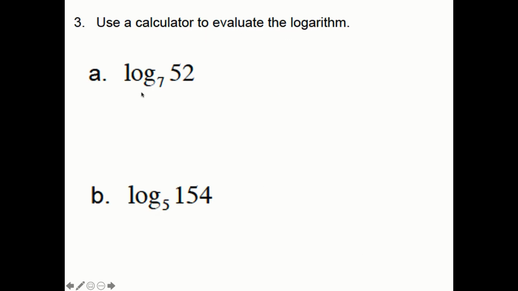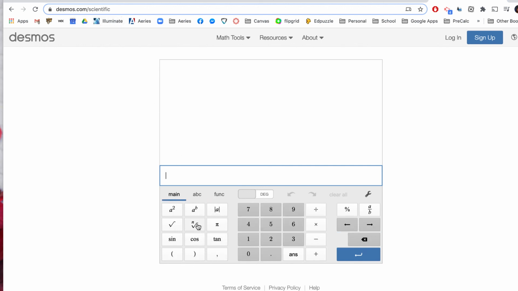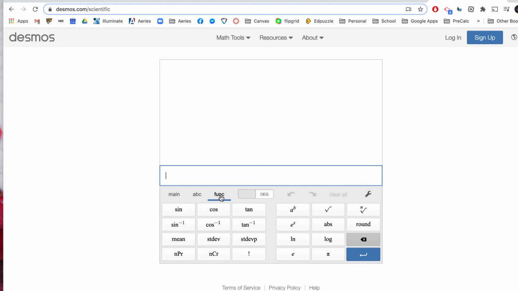So if I was to write this with the logs using the new properties, this would be written as log of 52 divided by the log of 7. Okay, so you can go to desmos.com/scientific, and then this will give you your main page, but if you want to click on the function tab, you can see over here that you've got your log and your natural log.